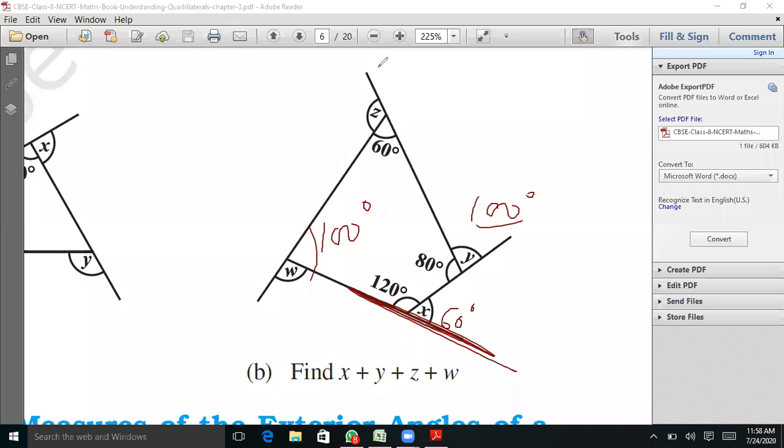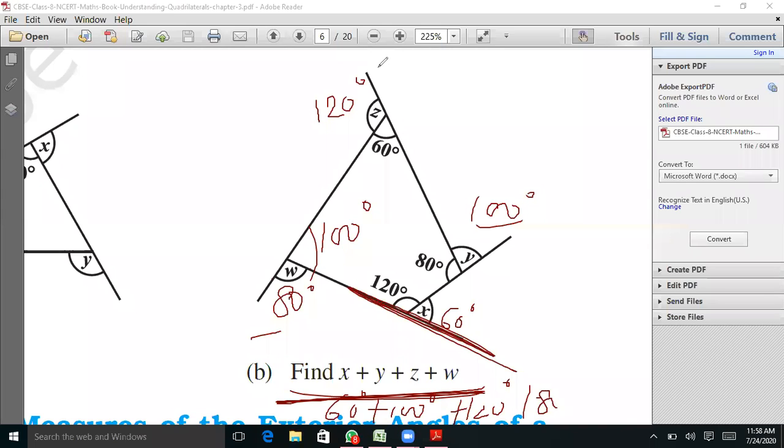Okay. Then what will z be? 180 minus 60, 120 degree. And w is 180 minus 100, 80 degree. You have to find out x plus y plus z plus w. Add these. 60 plus 100 plus 120 plus 80 is equal to 360 degree.